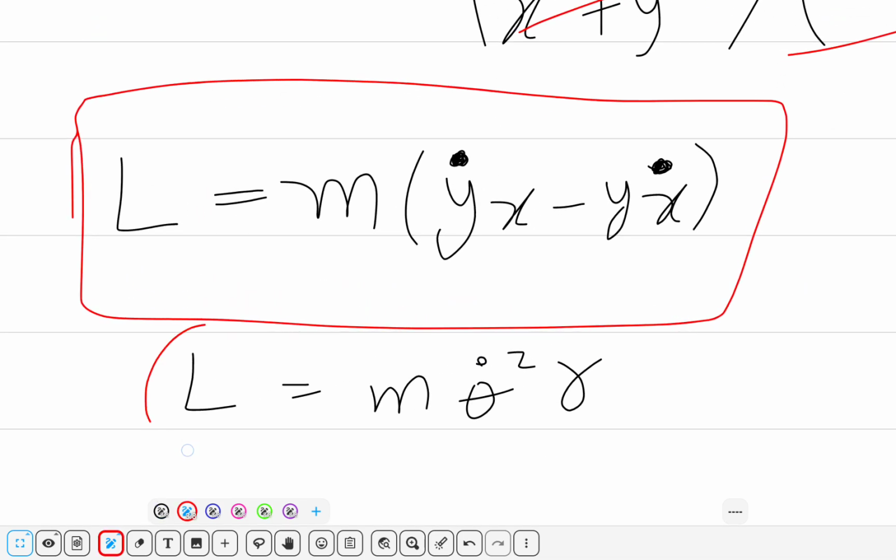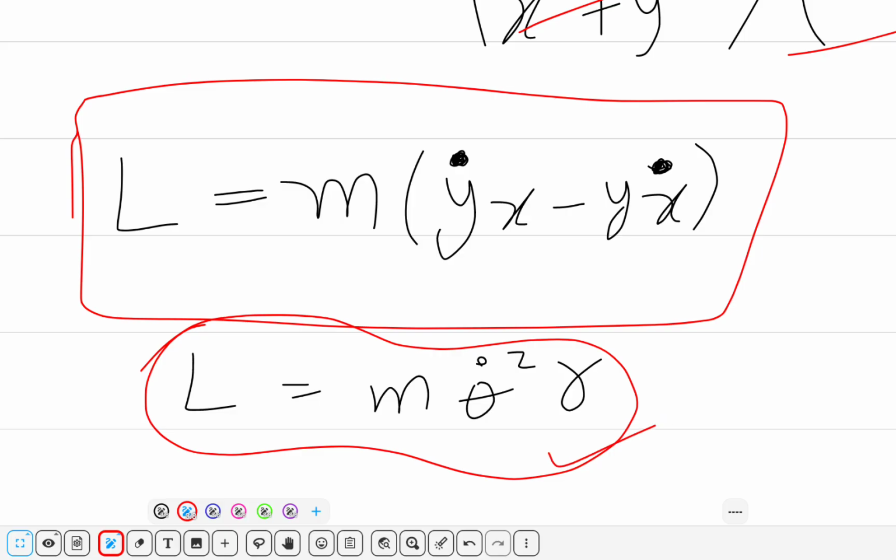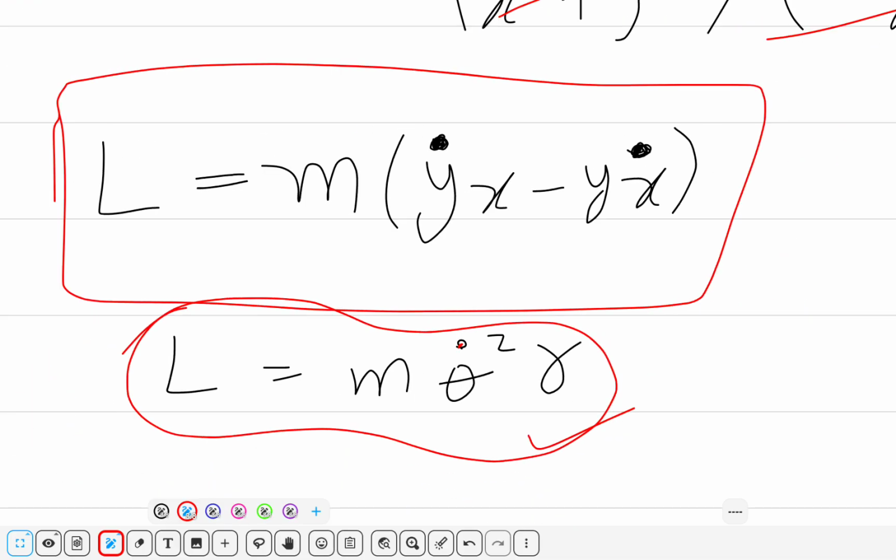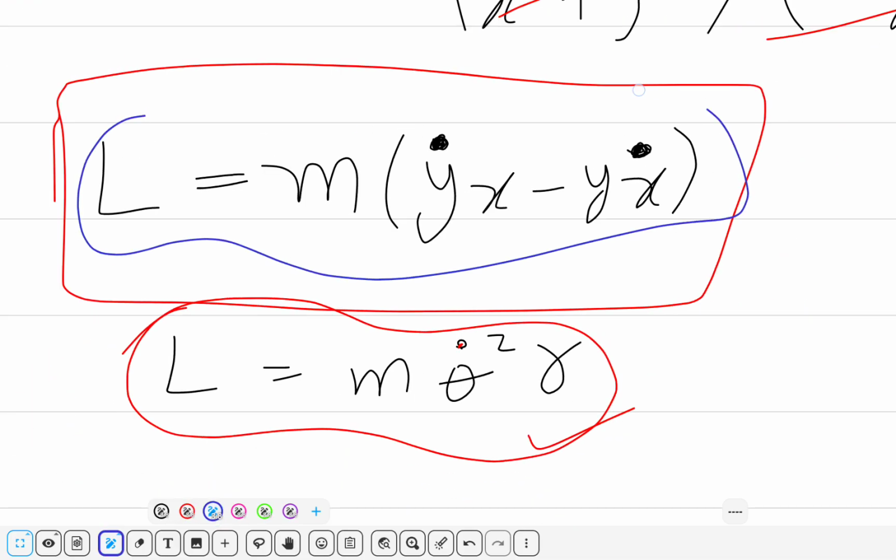Apparently this is easier to write and easier to find other things using than this. This looks more complicated while solving problems or while understanding what is happening.